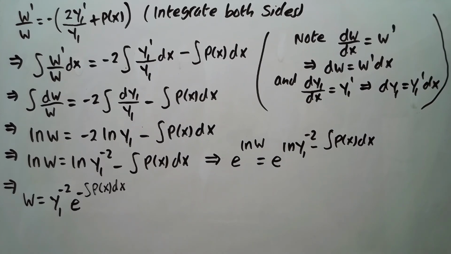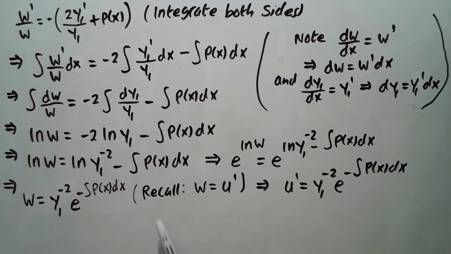Okay, now recall that w is equal to u prime. So our w is equal to u prime, therefore u prime equals y1 to the -2 e to the minus integral of p of x dx.